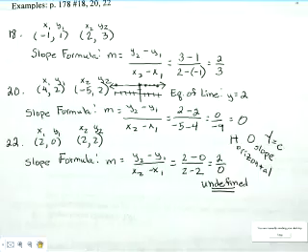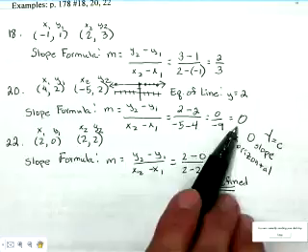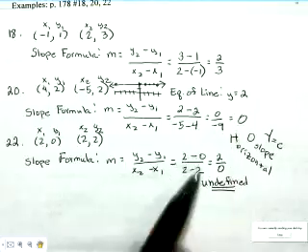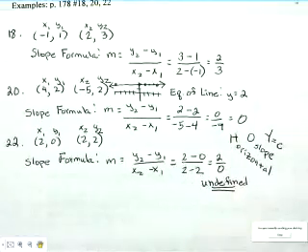There's no such thing as no slope. Slope is either 0, or it's undefined, or it's some positive number, or it's some negative number. Don't use the term no slope, because that's coming from a fraction. And the fraction either equals 0 or it's undefined. It's not going to equal no. All right.